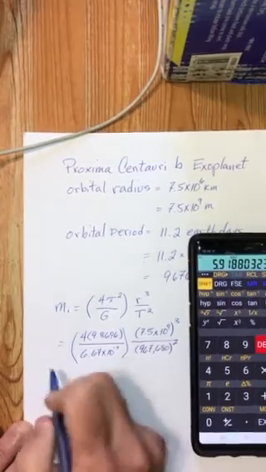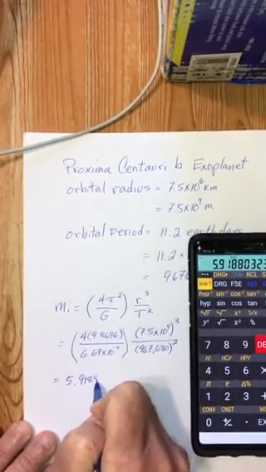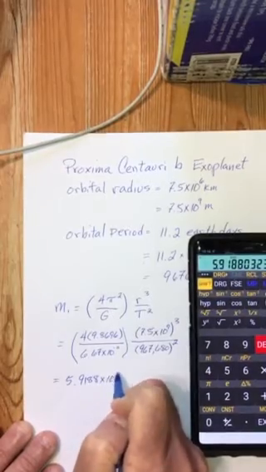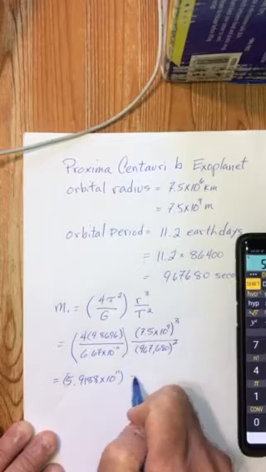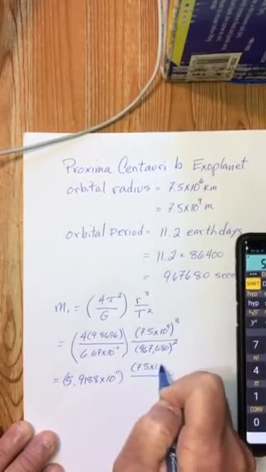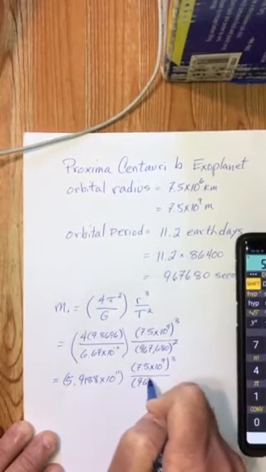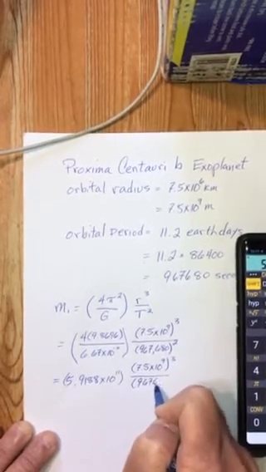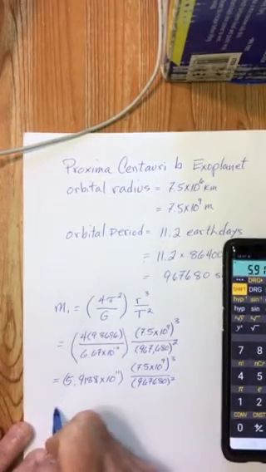And so for that we get 5.9188 times 10 to the 11th power. And we still have this fraction out here to evaluate. 7.5 times 10 to the 9th cubed over 967,680 squared. So now let's deal with that.